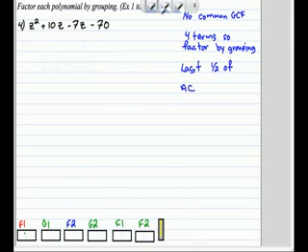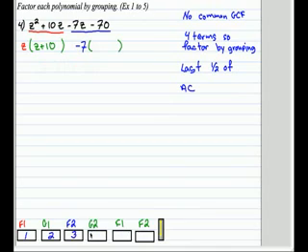So when I go in, I have my front group. I can take out a z. And I'm going to have z plus 10. In the back, I take out a negative 7, and I have z plus 10. My parentheses match, so I can bring things together. Z minus 7 comes together. Z plus 10 is factored out.